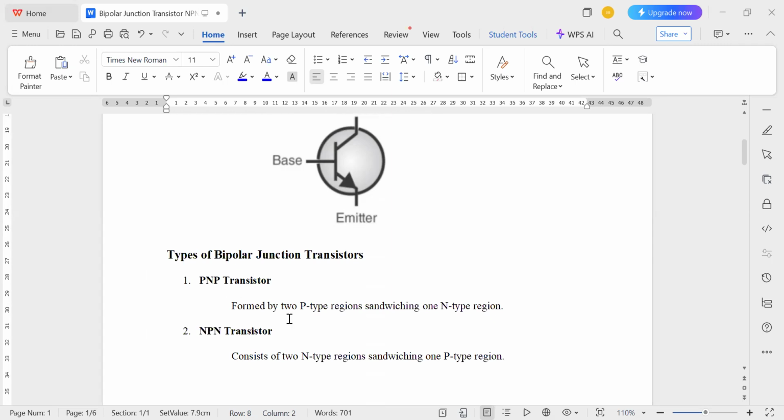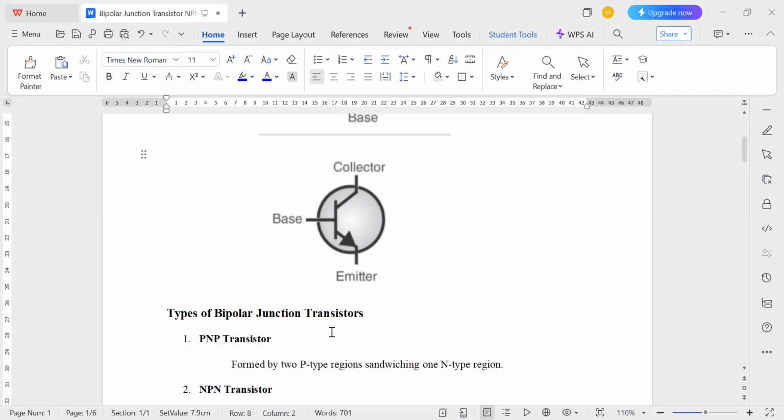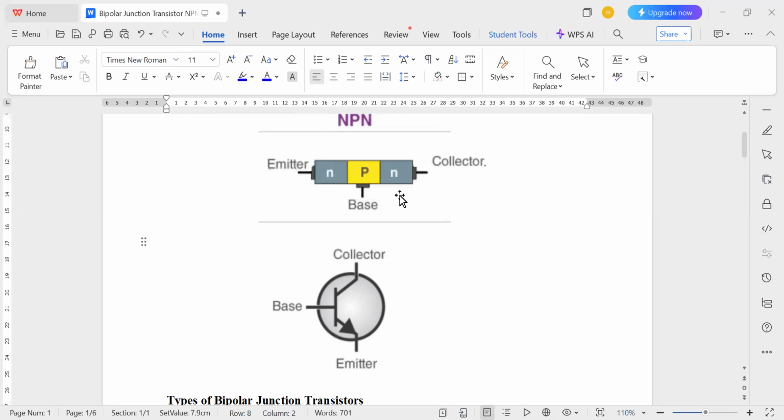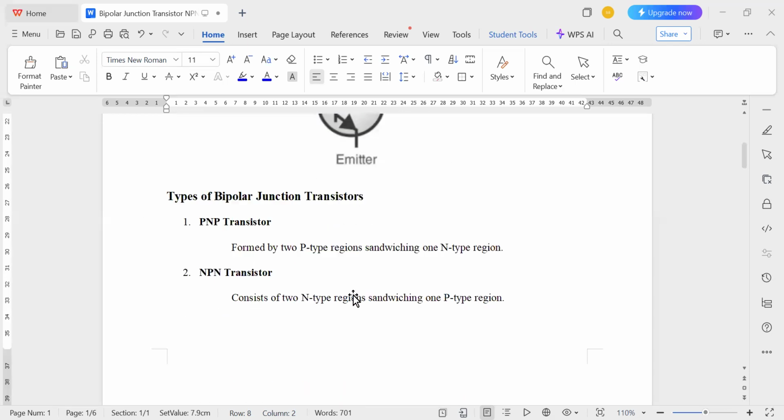The PNP is formed by two P regions sandwiching one N-type region, whereas the NPN transistor consists of two N regions sandwiching one P-type region. So NPN has two N regions and one P region, whereas PNP has two P regions and one N region.